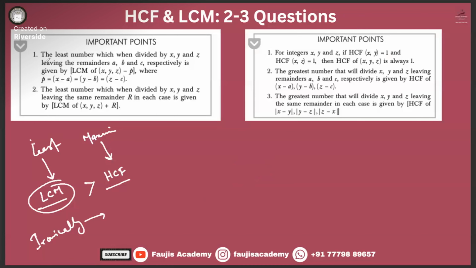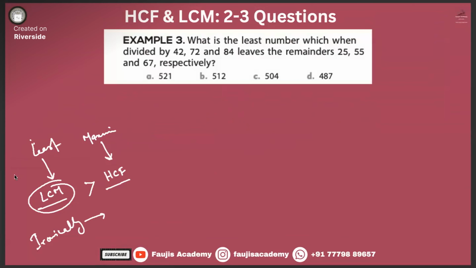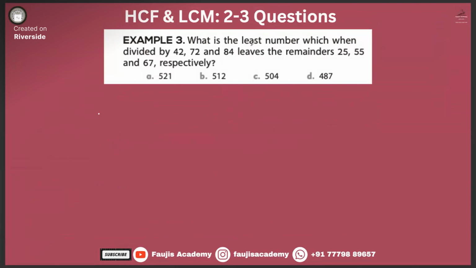The first one says the least number which divides x, y, z, leaving the remainder a, b, c respectively is given by LCM of x, y, z minus p, where p is equal to x minus a is equal to y minus b is equal to z minus c. Let's try to do it with the help of a question. What is the least number?